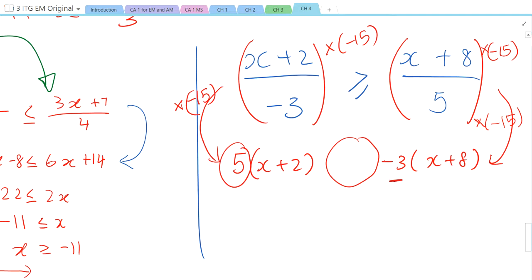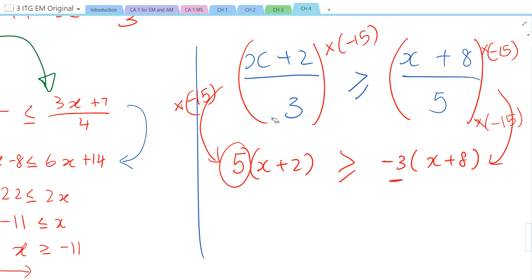Now what happens to the sign? It should change, because you are multiplying by negative 15. Okay? So this is what happens when you try to cross multiply. You cannot leave it as this because you'll be wrong.